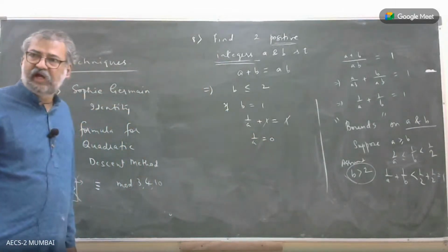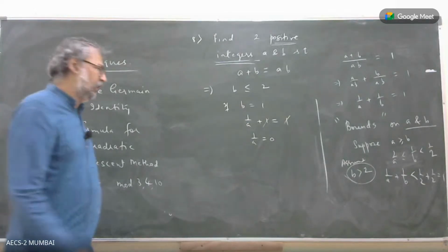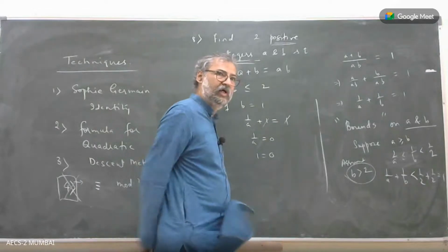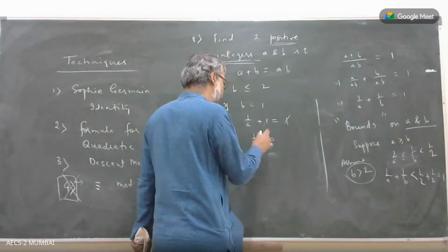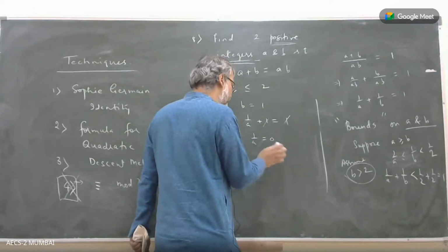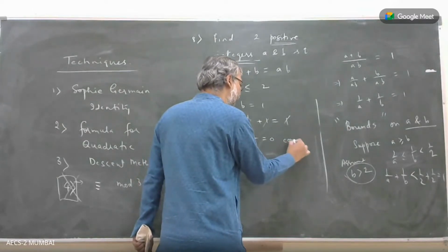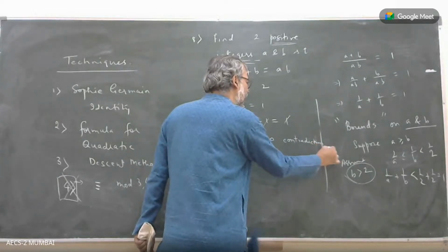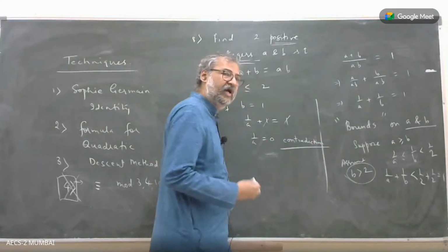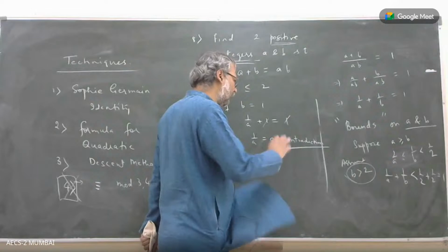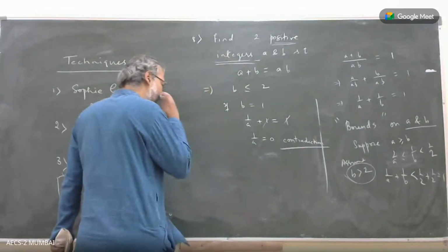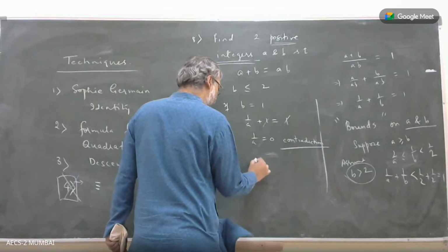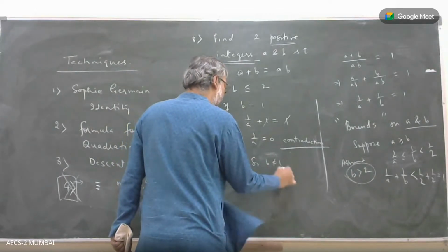Cross multiplying, I get 1 equal to 0. So this is not possible. I get a contradiction, something which is totally wrong. So B can't be 1.